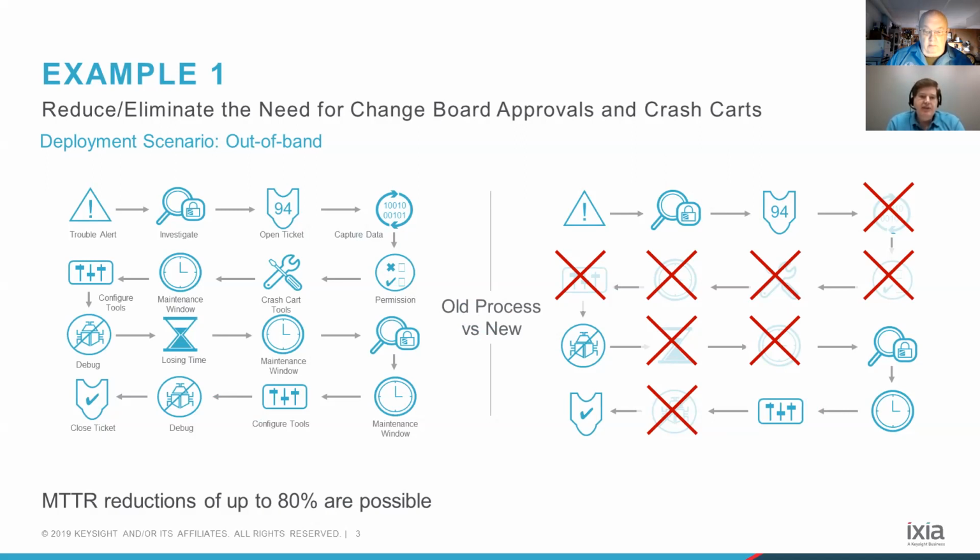If you look at the left side over there, this is just a generic figure, but if you follow it, you've got some sort of trouble alert, you go investigate, you open a ticket, you have to capture data, configure your tools on your crash cart, and then get permission from a change board to actually insert those tools into the network and then debug and so forth. There's a lot of time, a lot of wasted energy, and a lot of delay in the meantime to repair with that type of process.